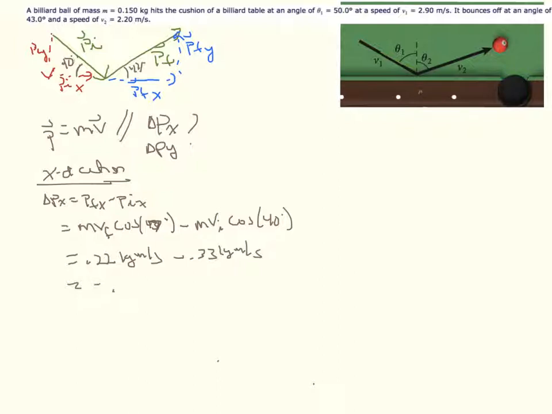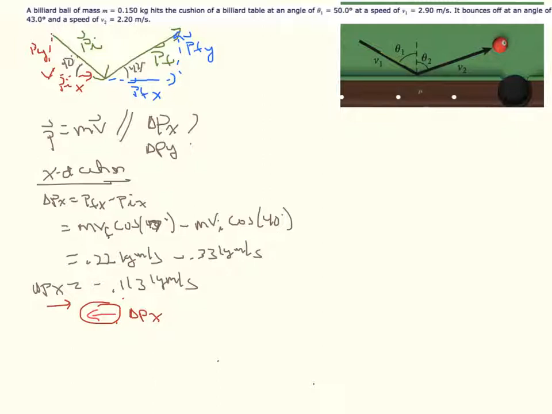So I get negative 0.113 kilogram meters per second in the x direction. So what this actually tells me is that the change in the momentum in the x direction, instead of being like they've depicted it in that diagram, is actually going this way, right? So the initial velocity was this way, but the final velocity was bigger in the opposite direction. And so that leaves me a change in the momentum that's to the opposite. So this is actually the change in the x.